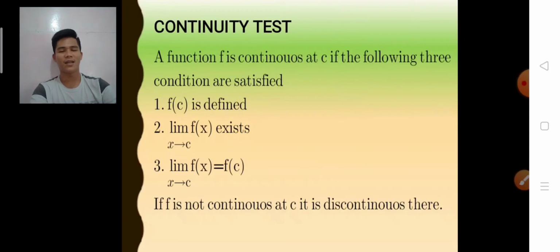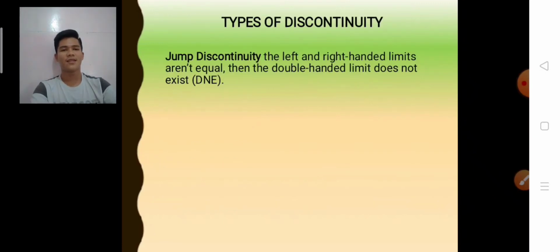So if f is not continuous at c, it is discontinuous there. If our function cannot satisfy the three conditions, it is discontinuous. These are the types of discontinuity.